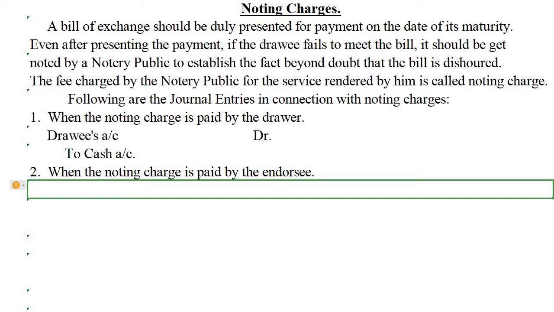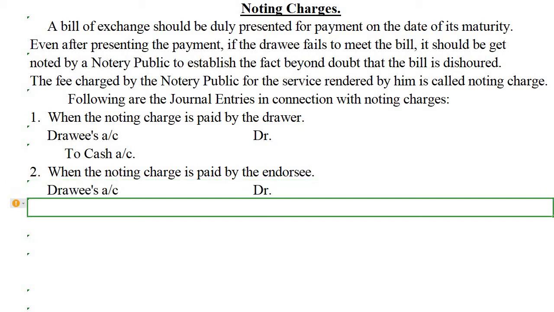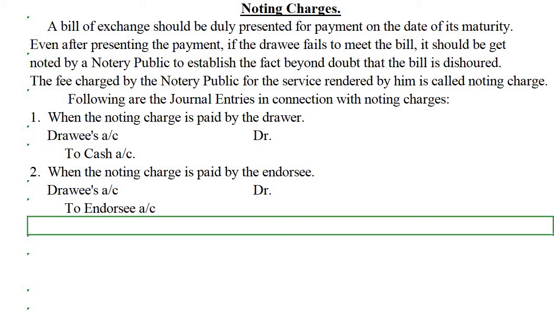When the endorsee paid the money, this noting charge, who has to pay to whom? Yes, drawee has to pay to endorsee. So we will write the journal entry: drawee's account debtor to endorsee. That means drawee has to pay the money to endorsee.